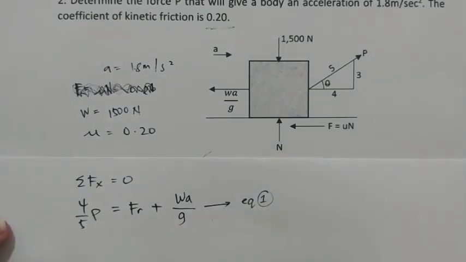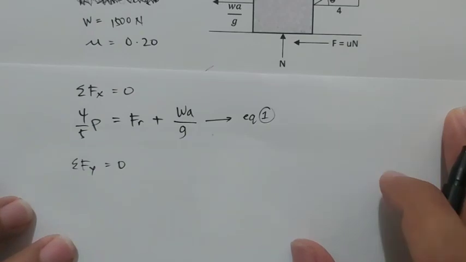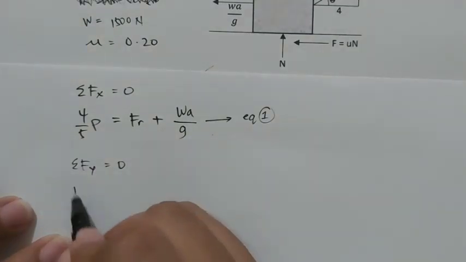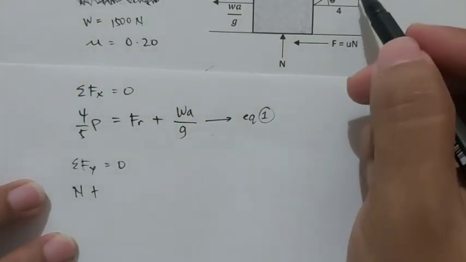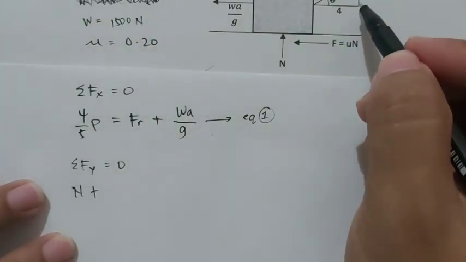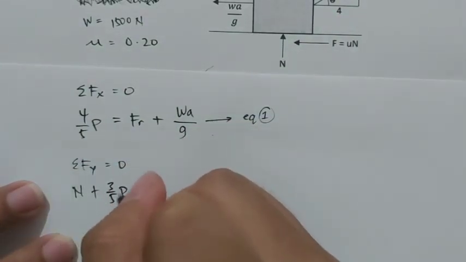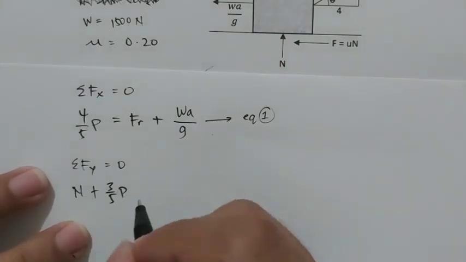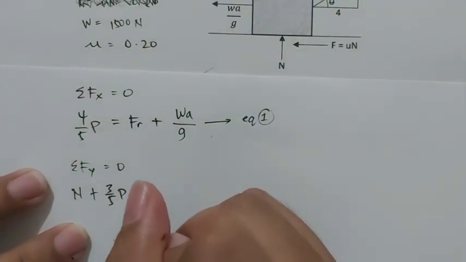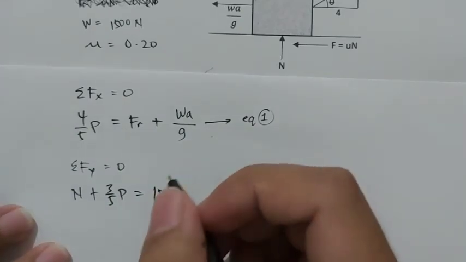Then for summation of forces with respect to y, so we have N natin plus, so yung force natin we have 3 over 5 P, or the adjacent over the hypotenuse, which is equal to 1,500 Newton.